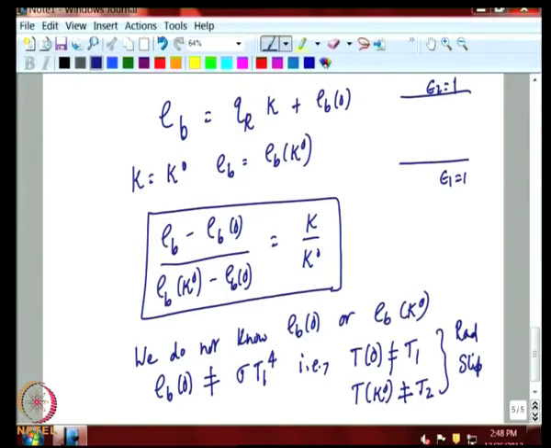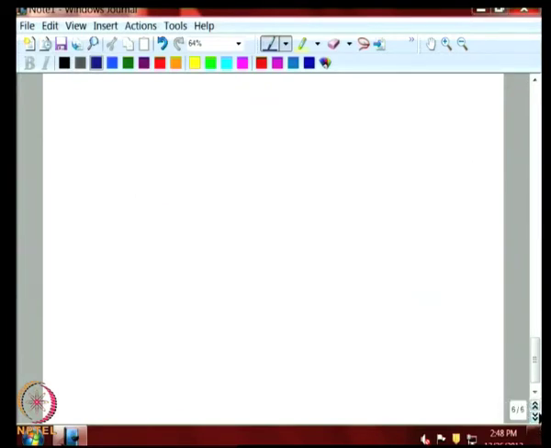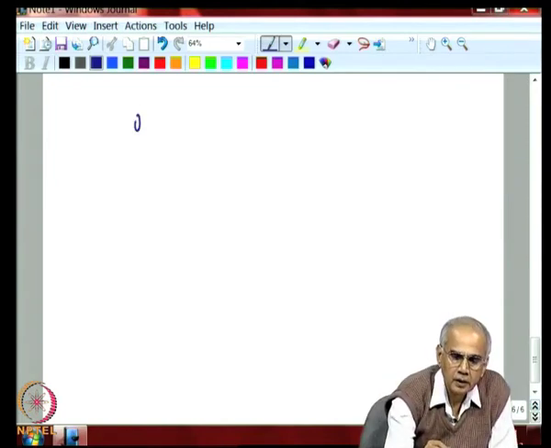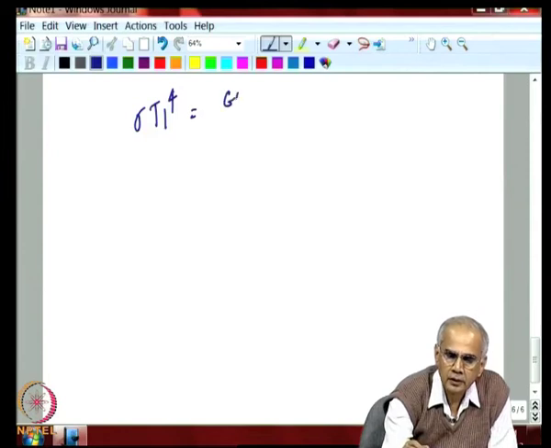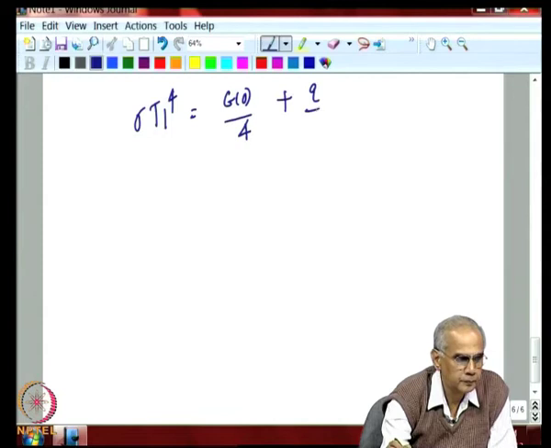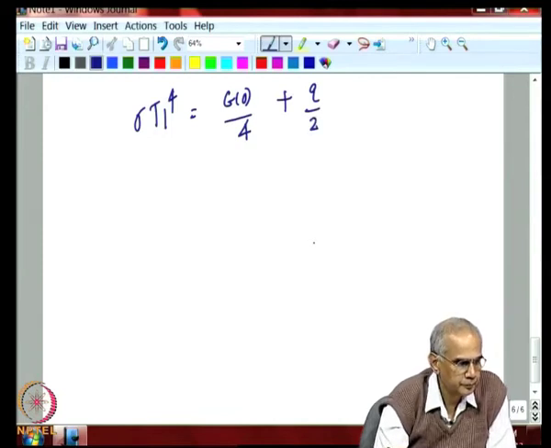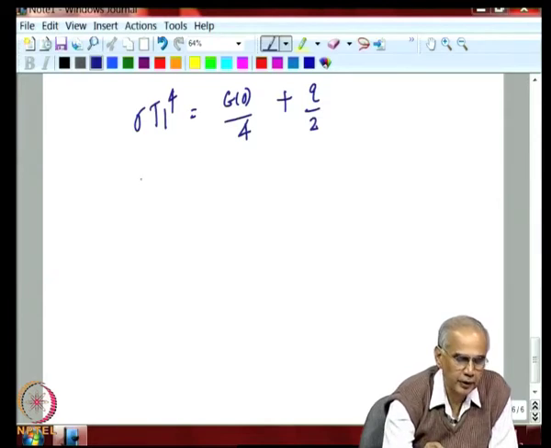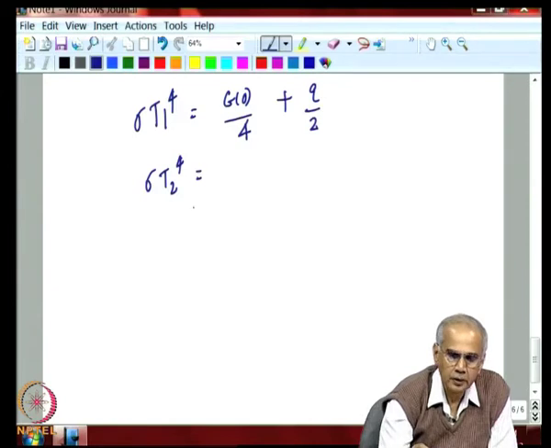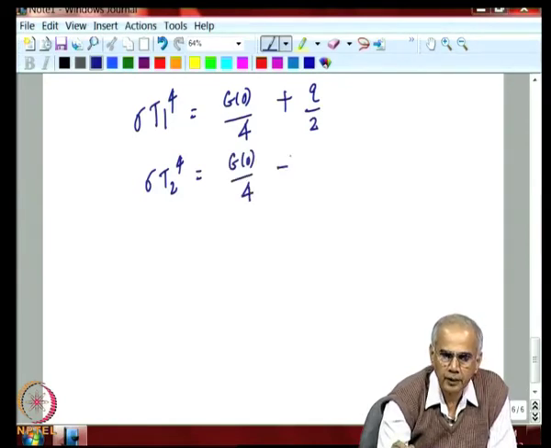And from the boundary condition, you have to recognize the following relationship. Sigma T 1 to the power of 4 is nothing but G by 4 plus Q by 2, and sigma T 2 to the power of 4 is equal to G 0 by 4 minus Q by 2.